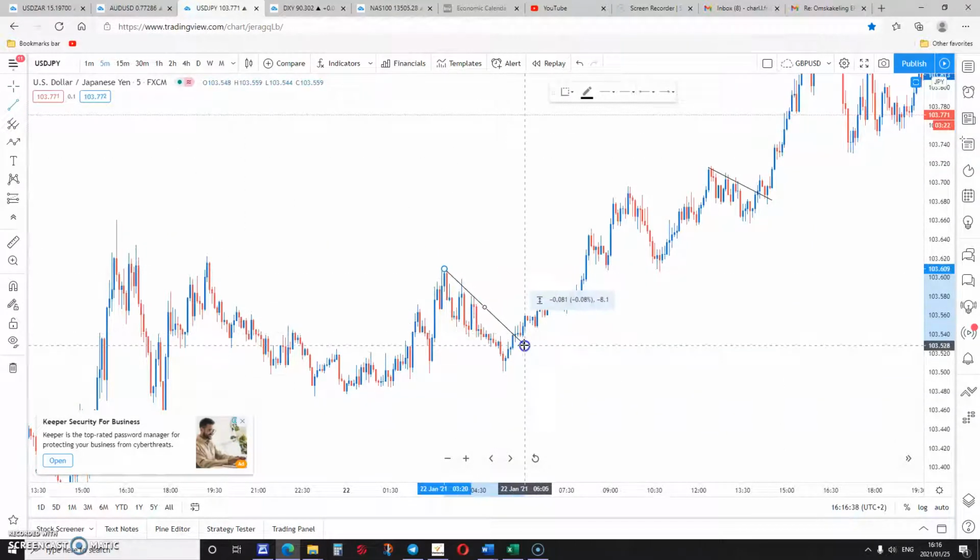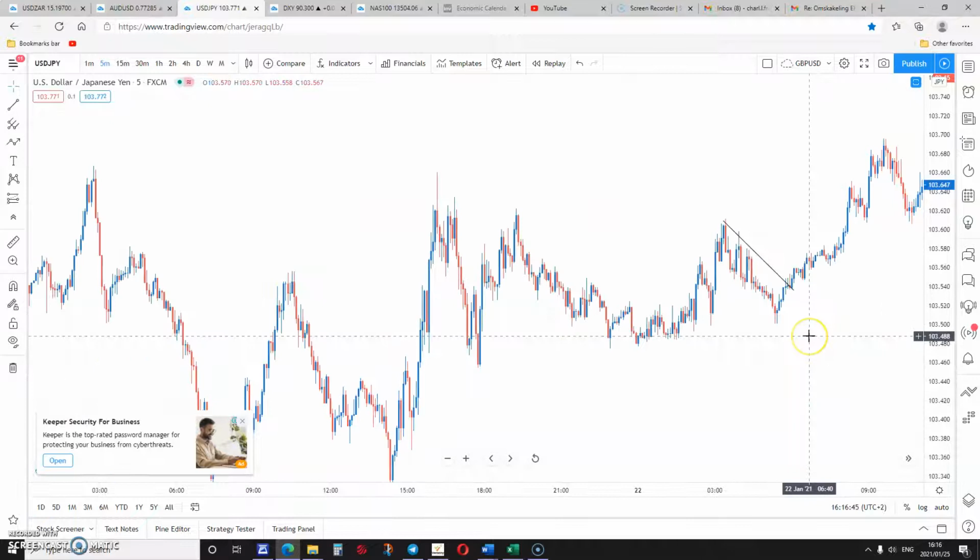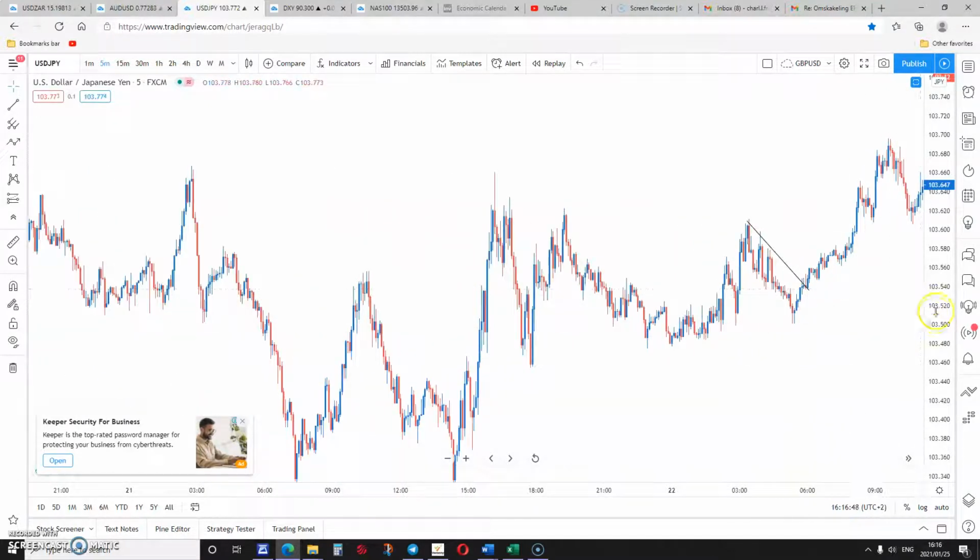So another one, break, retest to the upside. You actually get people that trade those ways or that way.